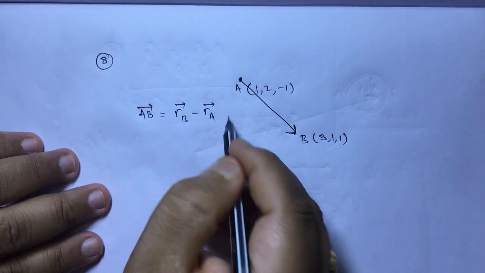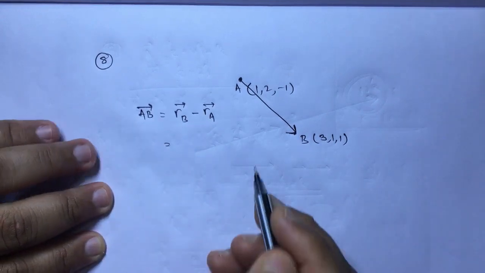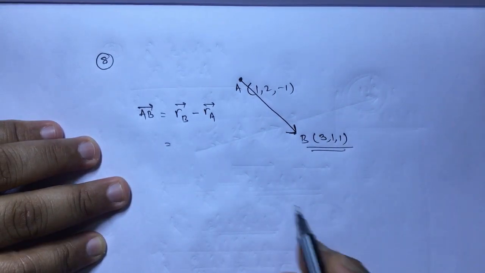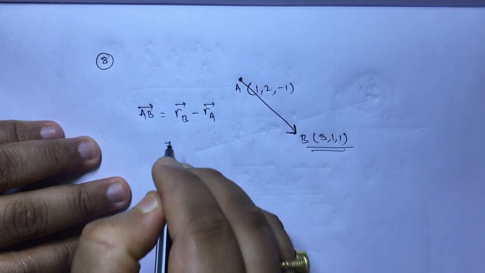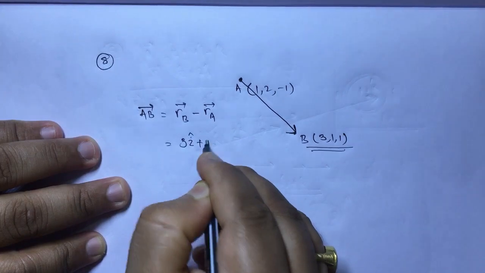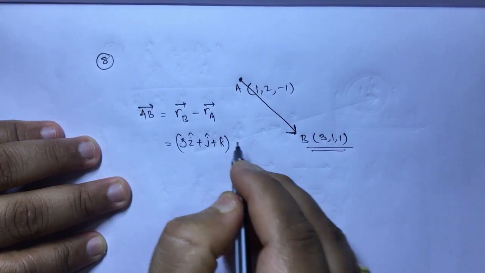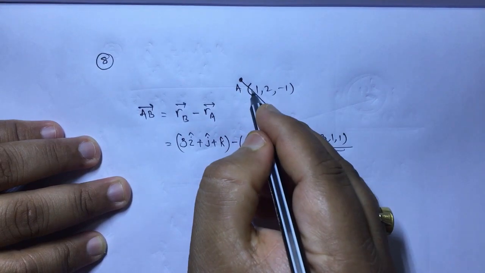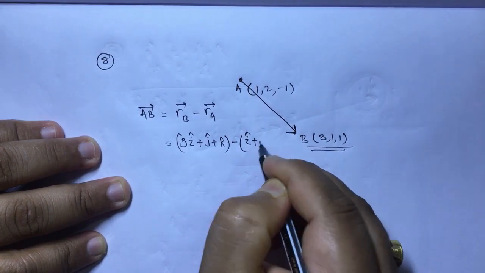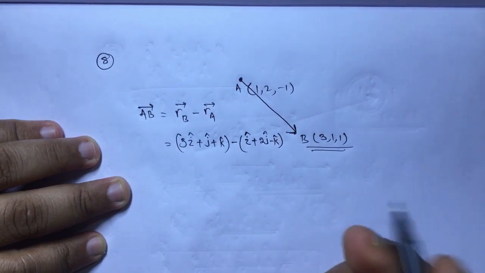Just at the initial part of this video we derived it. So if I write it again, how to write RB vector? If the coordinates are 3, 1, 1, it will be 3 i cap plus 1 j cap plus 1 k cap, minus RA vector. What is RA vector? It will be 1 i cap plus 2 j cap minus k cap.